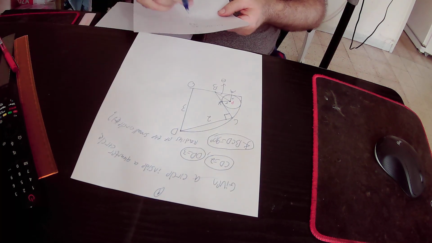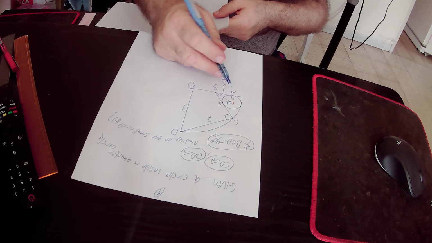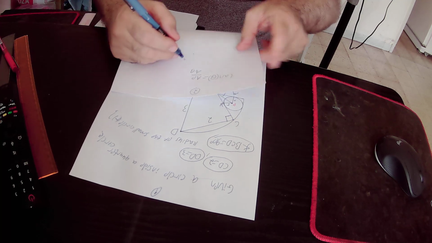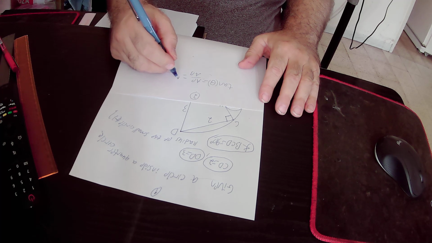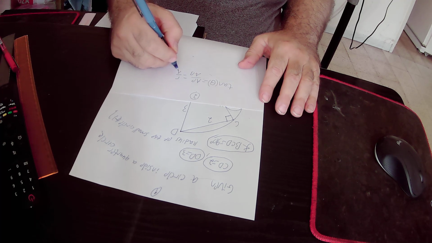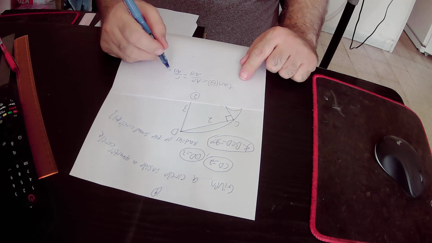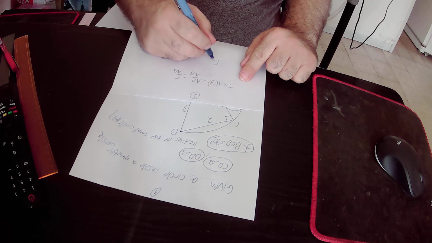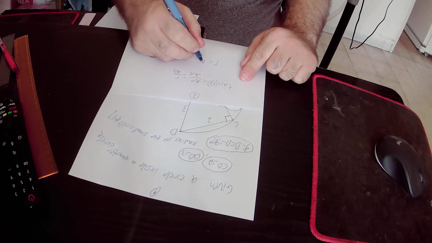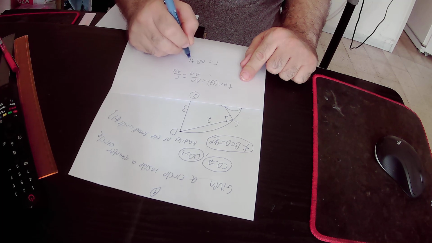And we know that AP is the radius of the small circle, so I will substitute AP by small r over AB. So if we multiply this equality by AB, we will get that r equals AB times tangent theta.